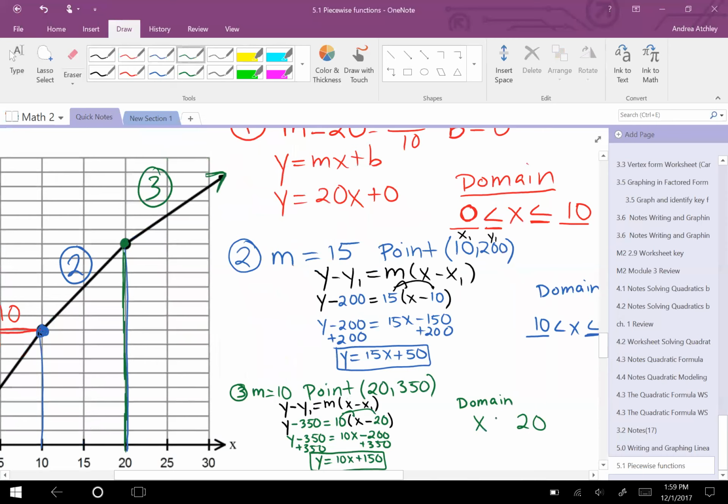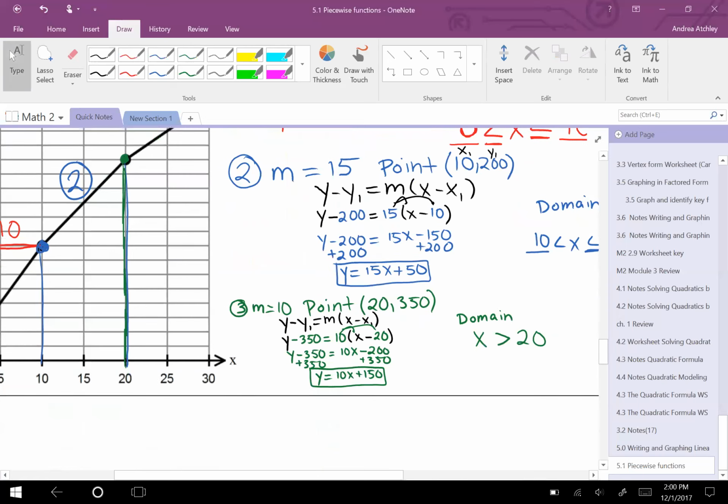Okay, so it's a greater than sign. And again, at the 20th shirt, I am still paying $15 per shirt, not at the rate of 10, so it doesn't have an equal sign. It's just x has to be greater than 20. All shirts after 20 are going to be $10 per shirt. Any questions over that? Now I have to squeeze one more thing in here.